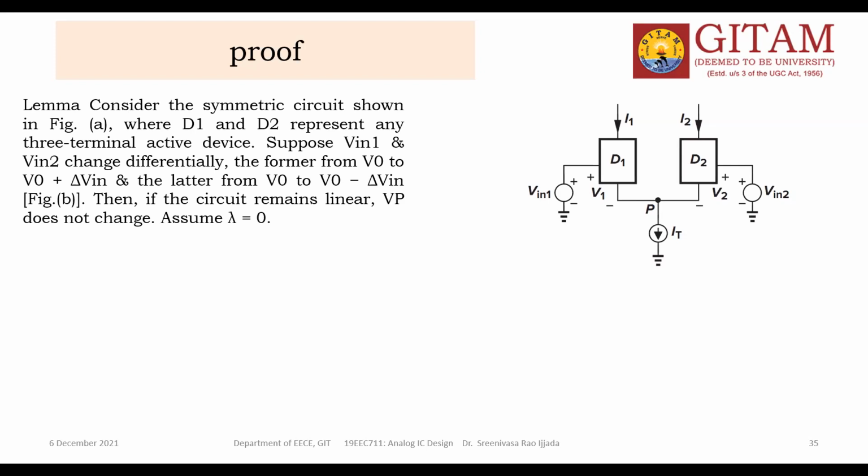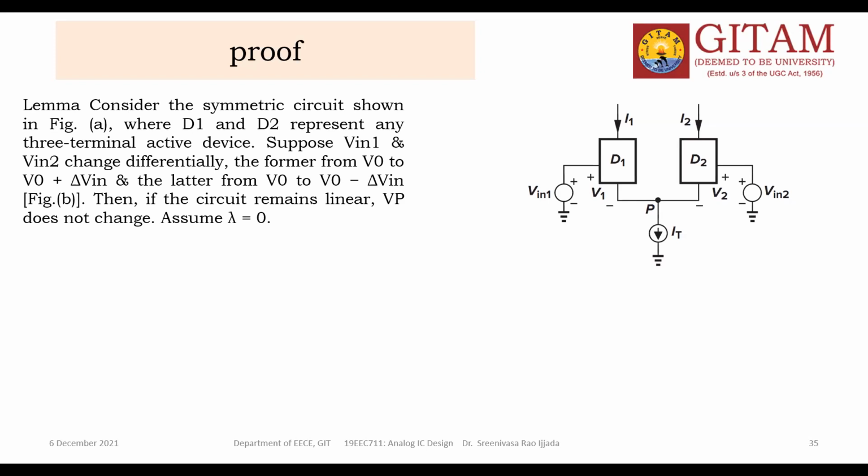Now suppose both inputs change from V0 to V0 plus delta V. V0 is the initial or equilibrium voltage value. So definitely the two input signals should have some value. I don't know the value, I can say the value is V0. V0 is the initial voltage.